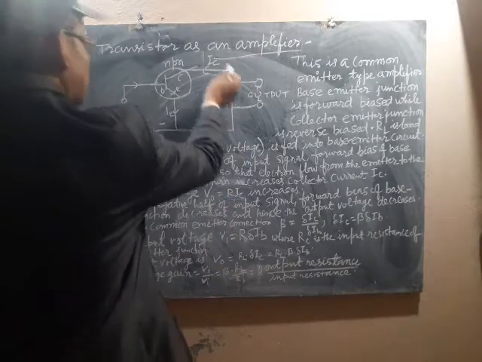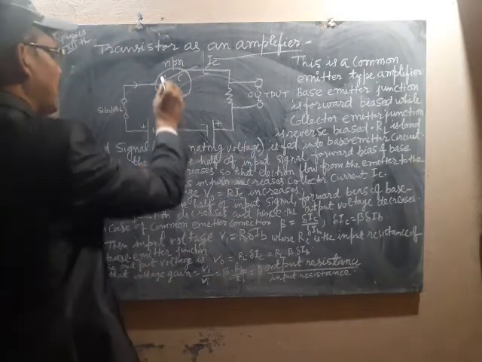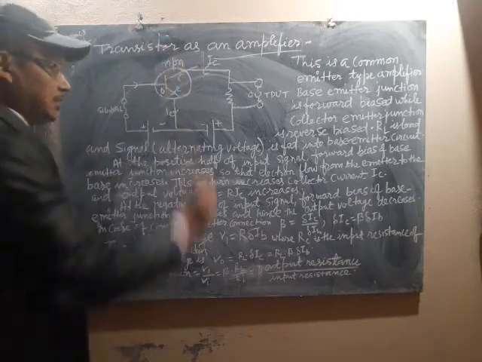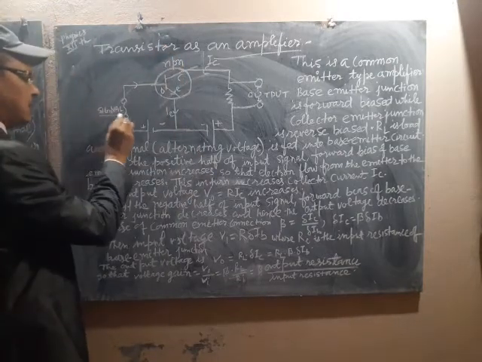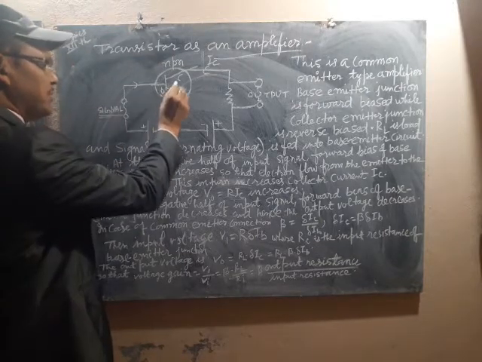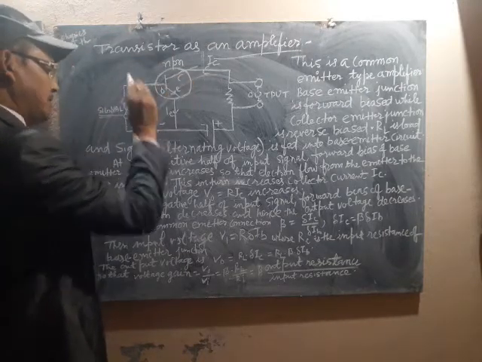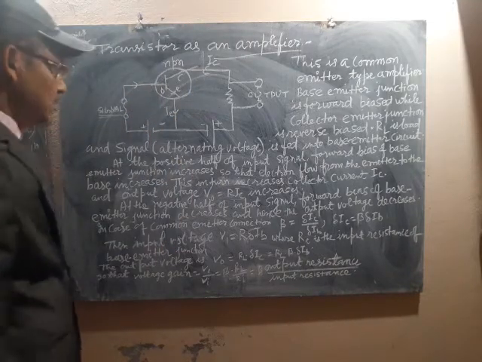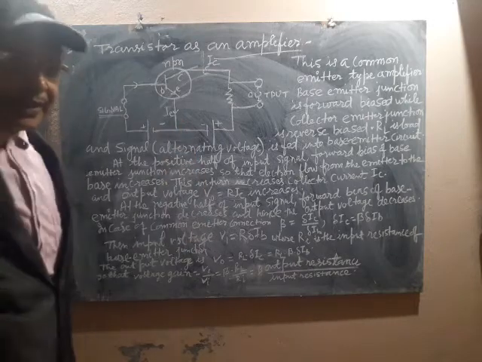Here I have drawn a simple figure of this thing. I have taken NPN: negative, positive, negative. Here is the signal. B means base, C means collector, E means emitter. IE means emitter current. Listen carefully.